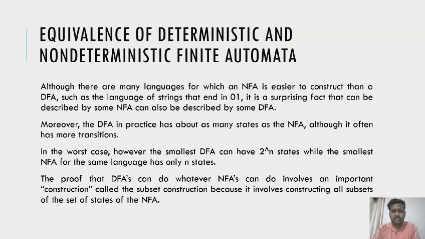In the worst case, however, the smallest DFA can have 2 to the power n states, while the smallest NFA for the same language has only n states. The proof that a DFA can do whatever an NFA can do involves an important construction called the subset construction.